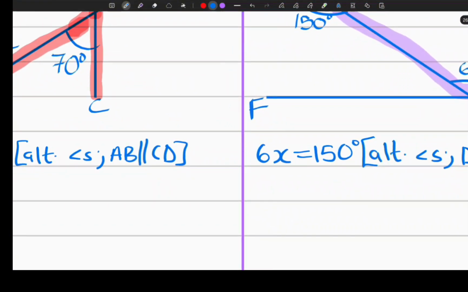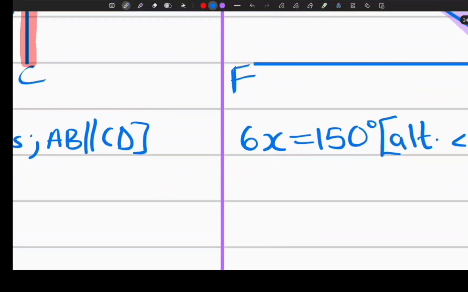And to do that, we have to get rid of that 6. The operation between the 6 and the x is multiplication. So when we take the 6 over the equal sign, it will change into a division. The reverse operation for multiplication is division. Therefore, x is equal to 25 degrees.